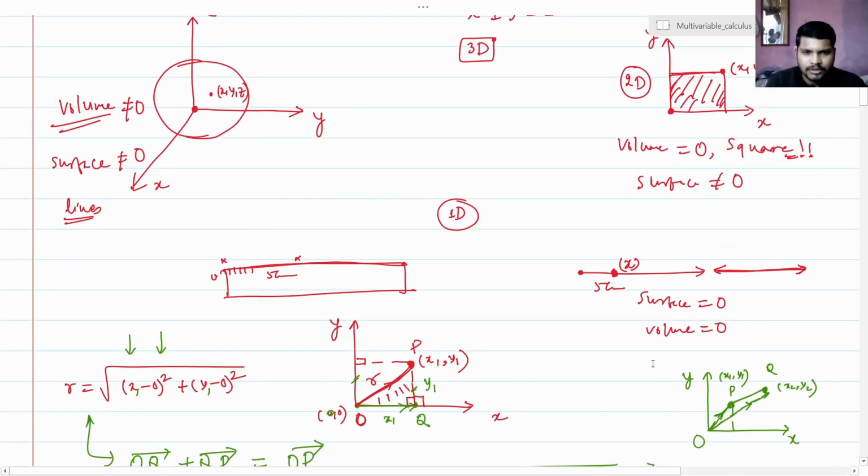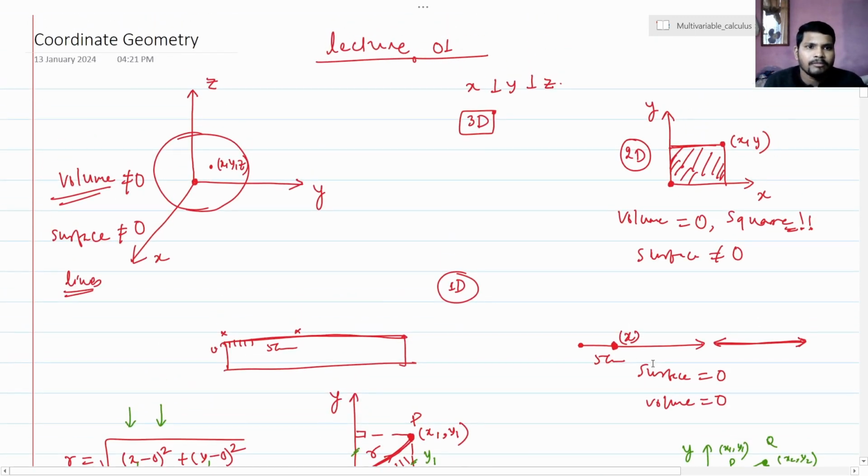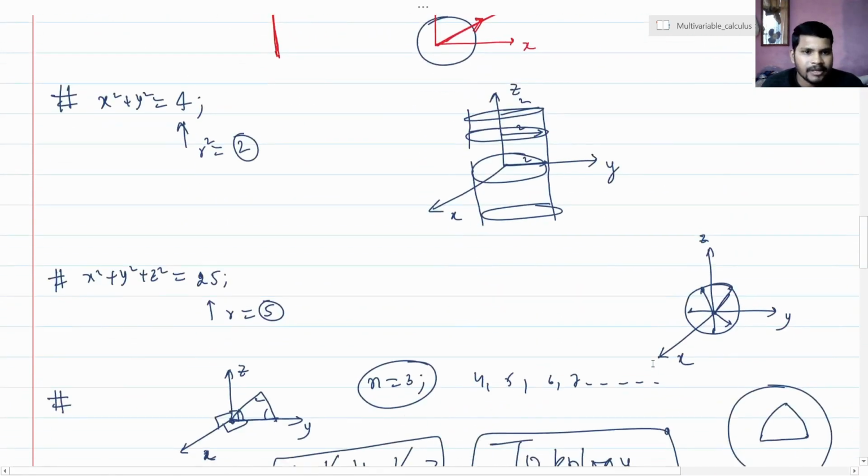So this lecture is basically scratching the surface of something which is going to come, very important things that we're going to discuss. I hope this lecture gives you an insight which was missing, or maybe you knew this concept, but revising these concepts is very important.